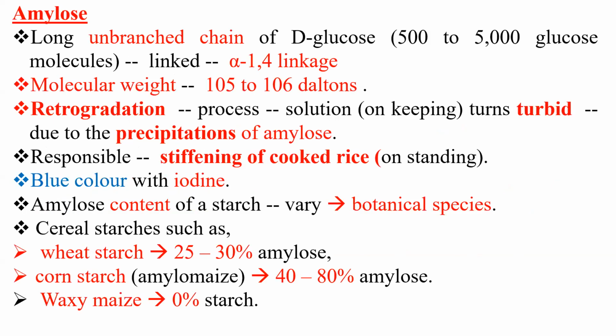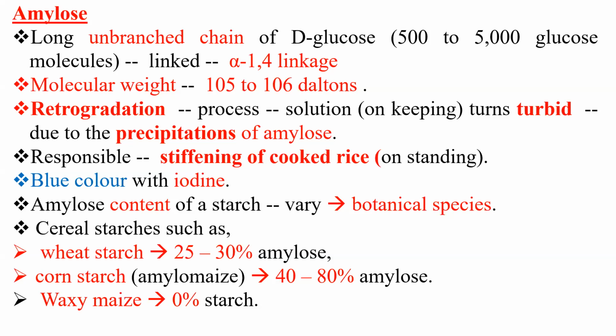Now let us see amylose. Amylose is a long unbranched chain of D-glucose containing 500 to 5000 glucose molecules linked via alpha-1,4 linkage. Its molecular weight is approximately 10^5 to 10^6 Daltons.